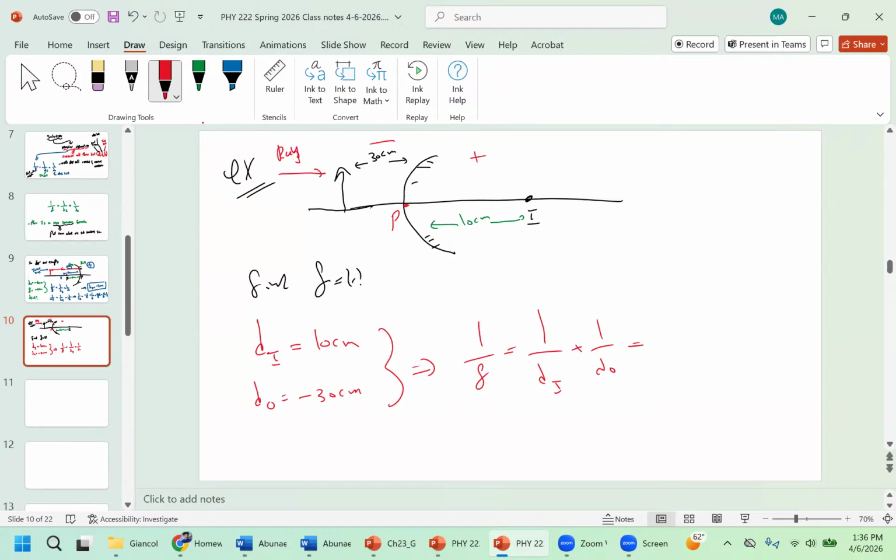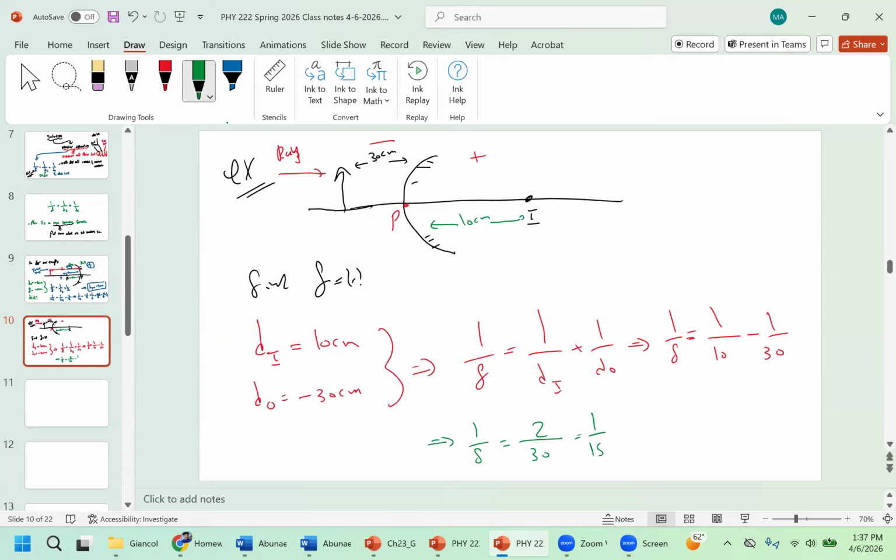And again, from these two, 1 over F is going to equal 1 over DI plus 1 over DO, which means 1 over F is going to equal, since DI is positive, 1 over 10 minus 1 over 30, which means that 1 over F is going to equal something over 30. So you get 3 minus 1 is 2.